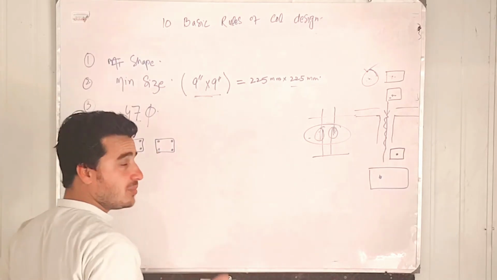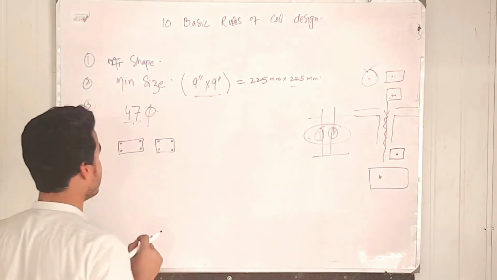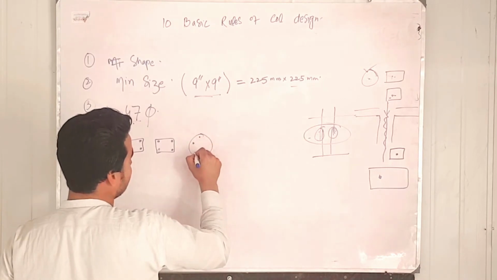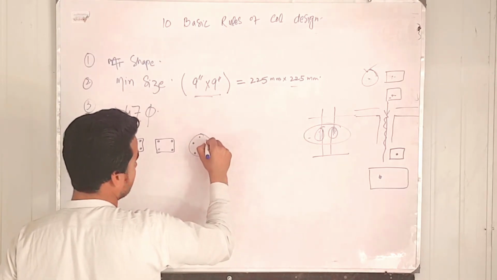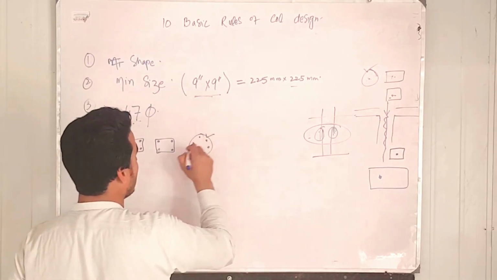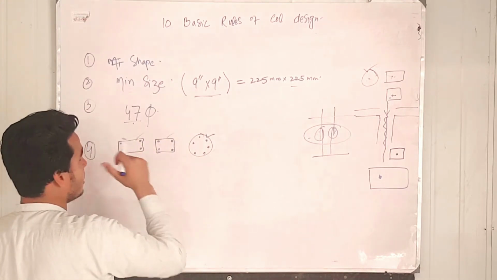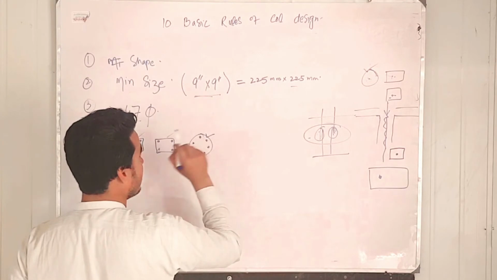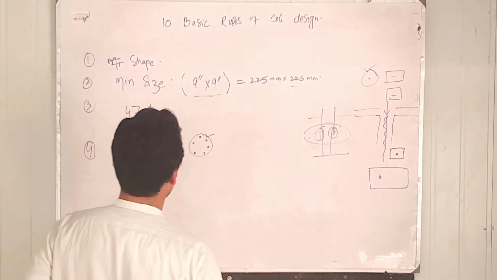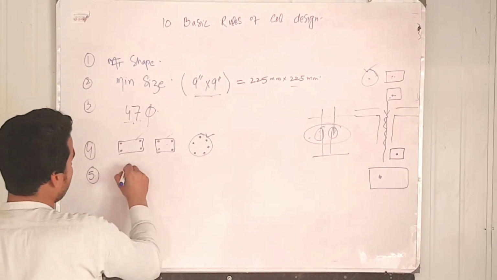While in a circular column, the minimum number of main bars is 6. As I previously said, the strength of a circular column of the same size will be more than rectangular and square. The reason is that we will be using more bars in a circular column than in square and rectangular.